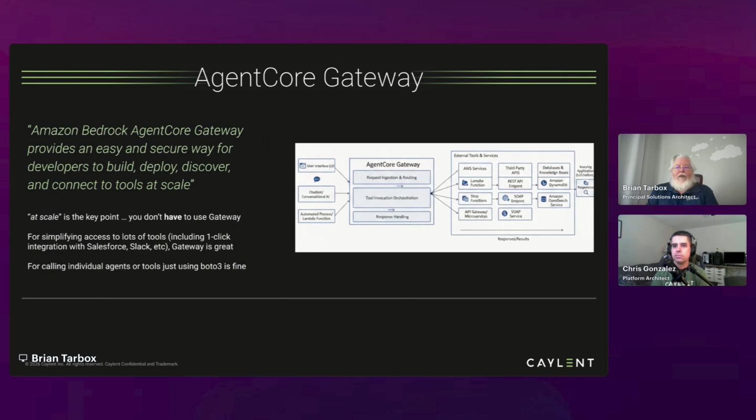But if you have a smaller system, or dare I say, a more well-defined system, you can get away without using Gateway. We recently internally at Caylent had a technical discussion about one of our projects, and the question was, "Huh, Gateway? Did we need to use this?" And I was like, yes, but it's not always required. Gateway has some wonderful features, but it also adds some complexity, of course. And as with everything with LLMs and agents and AI these days, best practice is still something we're working out.